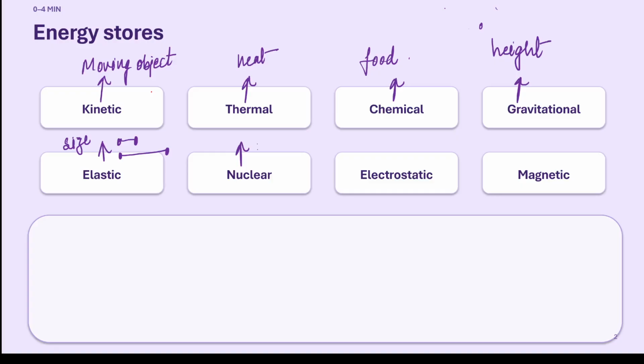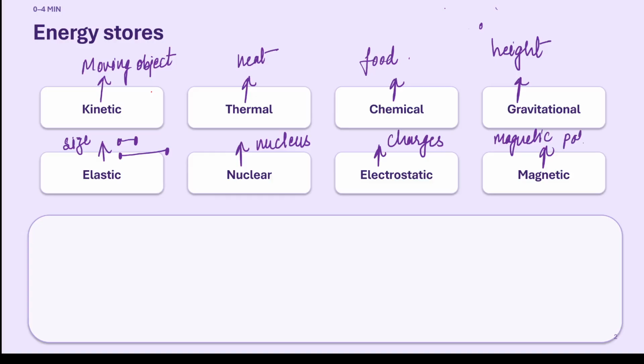It is because of attraction and repulsion, complicated physics. You don't need to know that, just that it is inside the nucleus of an atom. Electrostatic energy is because of the charges, separation of the charges. Magnetic is because of the magnetic poles.